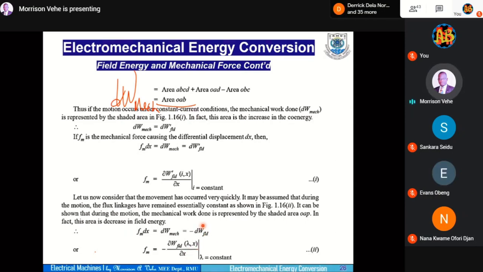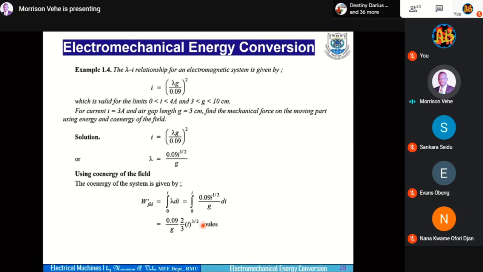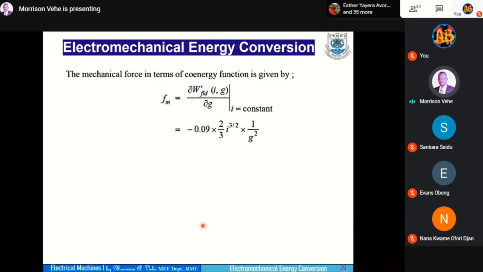Now, what we'll do is take some examples, solve them, and appreciate what we are looking at. For instance, this one is looking for a mechanical force, and you have an air gap, which is a region where some displacement will take place.